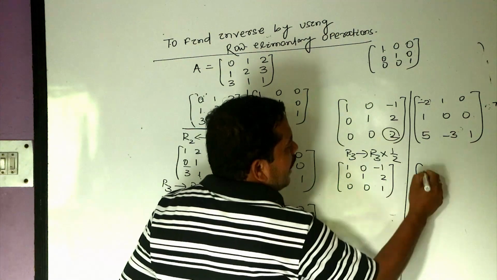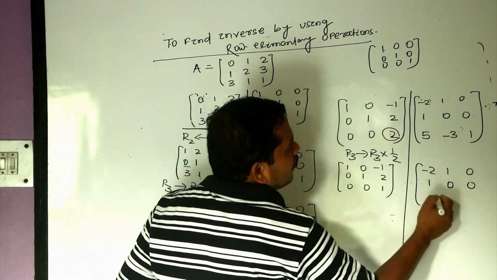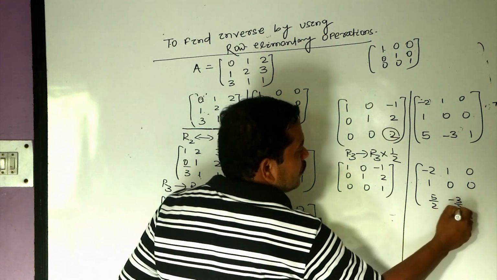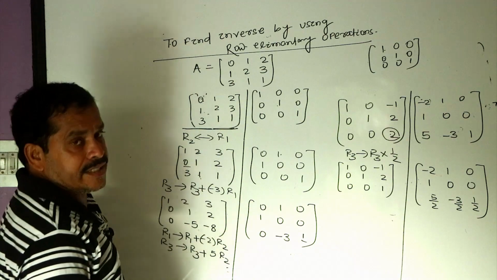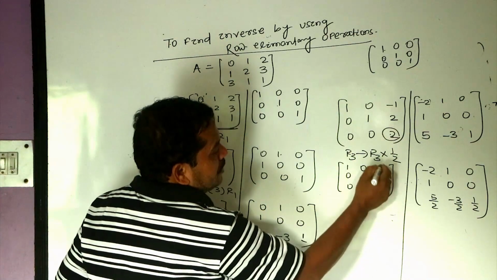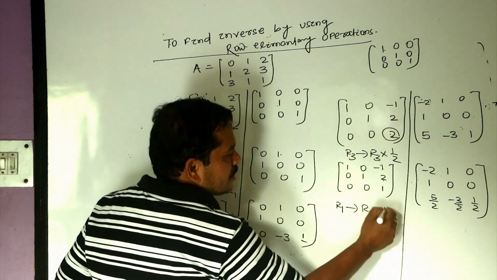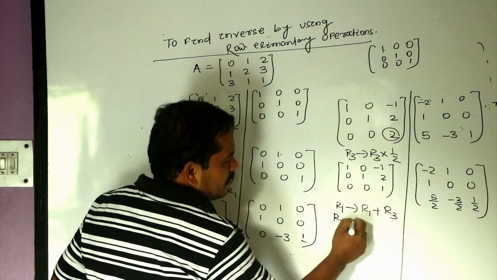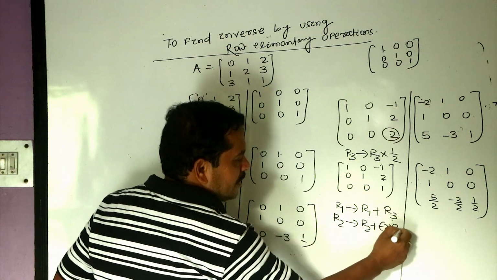Here it will be minus 2 1 0, 1 0 0, 5 by 2, minus 3 by 2, 1 by 2. Next step, we have to make these two 0. R1 is replaced by R1 plus R3, R2 is replaced by R2 plus minus 2 times R3.